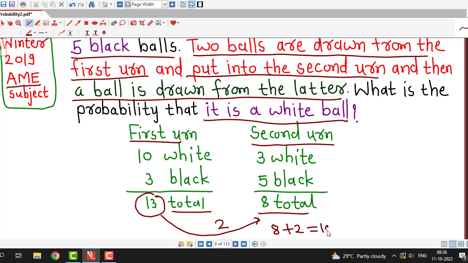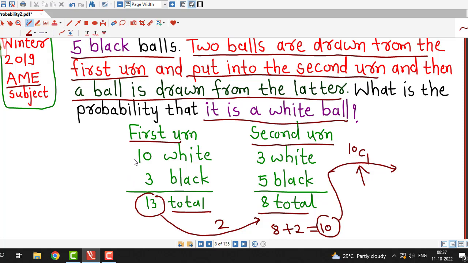After that, there will be 10 balls in the second urn, and out of those 10 balls they are drawing a single ball. We have to find the probability that the ball drawn from the second urn is a white ball.